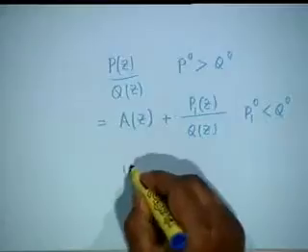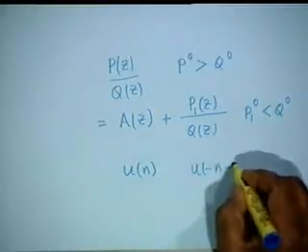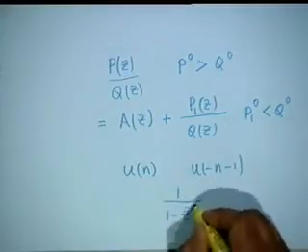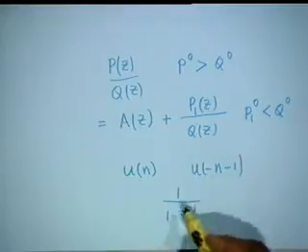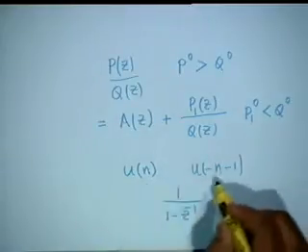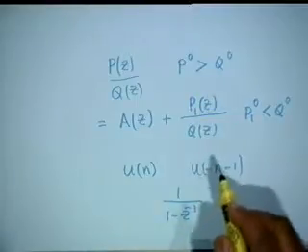We pointed out the importance of the region of convergence, ROC, and we showed that u of n and u of minus n minus 1 both have a Z transform 1 over 1 minus Z inverse. The ROC for u of n is mod Z greater than 1, and the ROC for u of minus n minus 1 is mod Z less than 1.